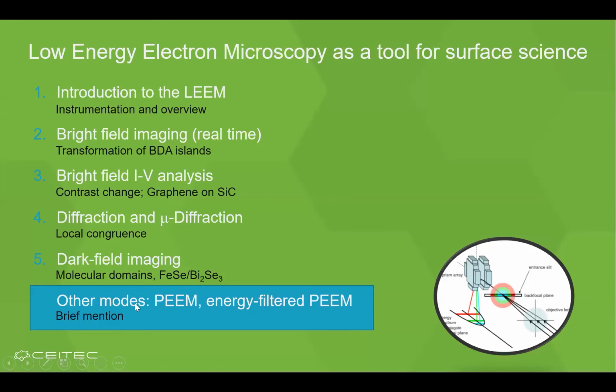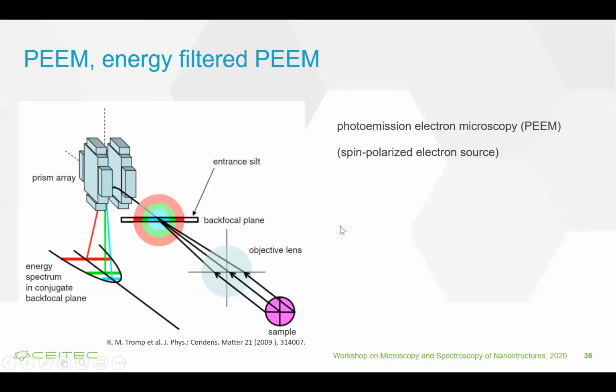So in LEEM, we have also other modes, which I will mention briefly on only one slide, because we are getting close to the limit of my time. In the LEEM, the magnetic prism actually works as an energy filter.